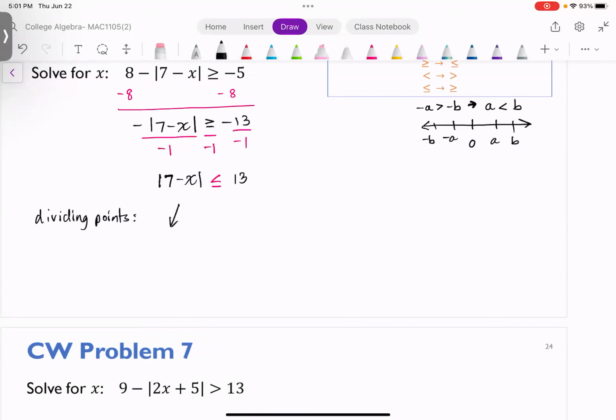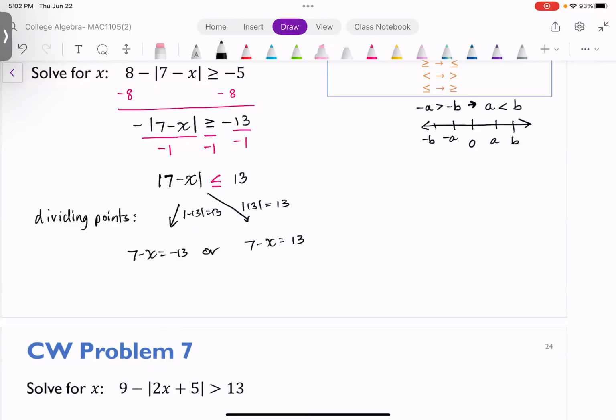In the first equation, I'm looking at what's inside the absolute value bar, could be equal to -13. Or on the right side, I get absolute value of +13 could equal 13. So that tells us that 7 minus x could equal +13.